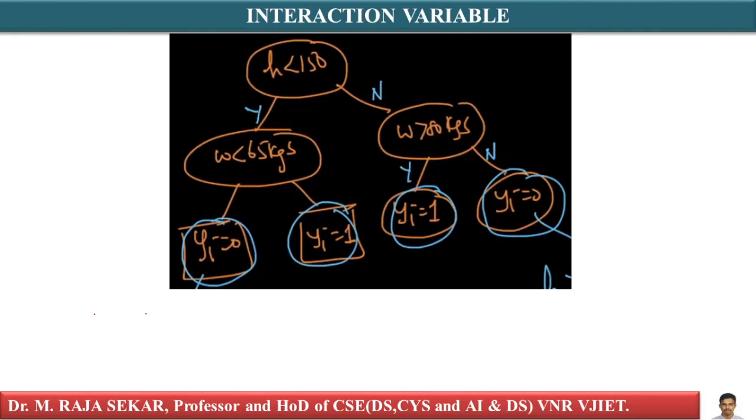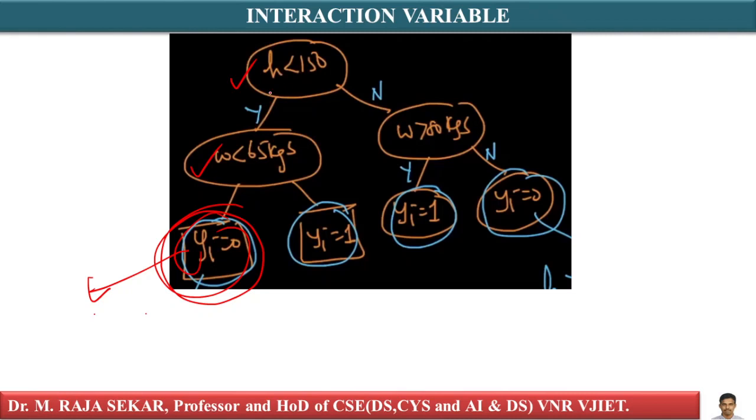If you have height less than 150 and weight less than 65 kgs, then I will come here. That is yi equals 0. Corresponding to this, I create a new feature, and this feature is an interaction feature because I have two variables interacting with a logical operation.